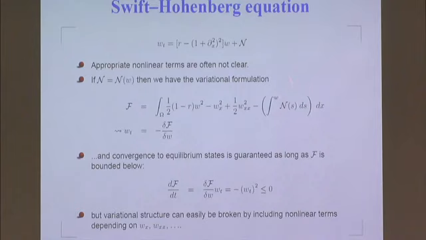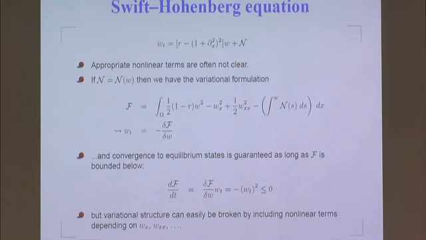So whatever n is, I can just integrate that in a formal sense, and that's the contribution to the energy. And then for good choices of n, this is going to be bounded below, so it has a nice structure, and it might have quite a complicated energy landscape. It might have a large number of equilibrium states, but we're guaranteed to find one.